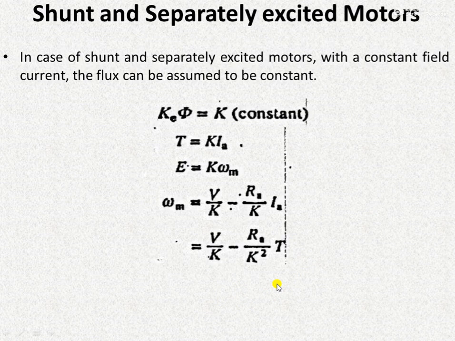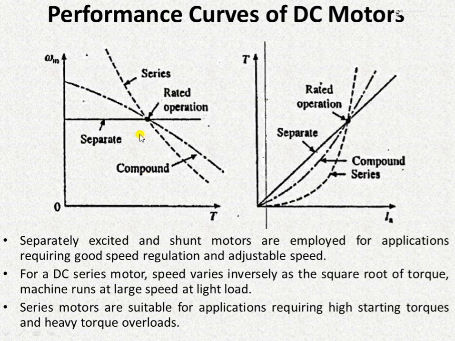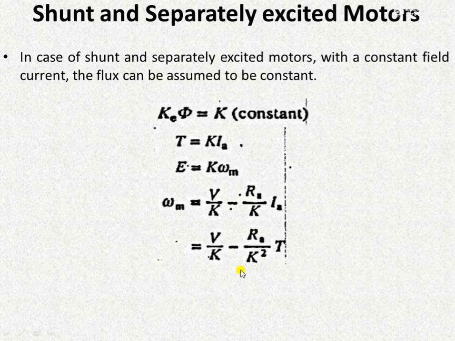Whereas in the case of separately excited and shunt DC motors, the relation between omega m and T is this one. Both relations are used to analyze the performance of these motors. First, let's analyze the performance characteristics of separately and shunt excited DC motors. In their case, this is the relation connecting the speed and torque.